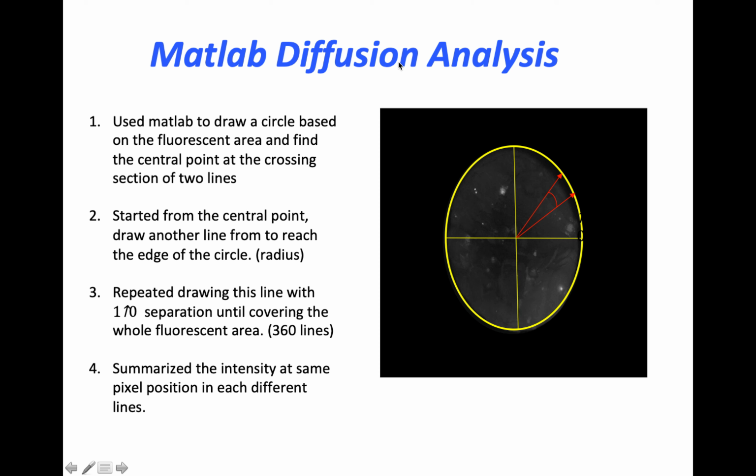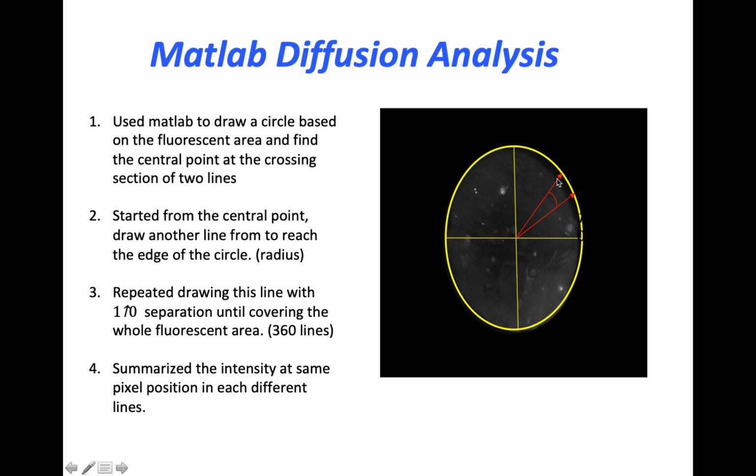So I use MATLAB to analyze the whole image of the fluorescence imaging, and then I draw a circle based on the fluorescence area, and then starting from the central point, I draw a line and then reach the edge of the circle, and then I did it 360 times, and then I can scan the whole area of this fluorescence area, and then I can summarize the intensity at the same pixel position in each different line, right?